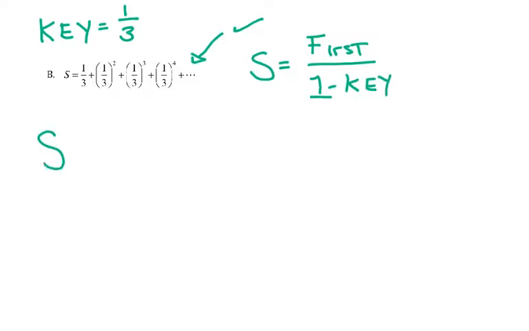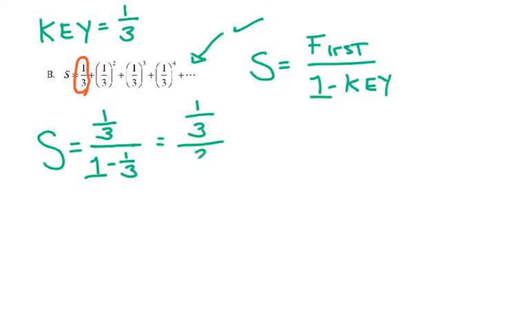What's the first term? That first number right there. 1/3 divided by 1 minus 1/3, which will be 1/3 over 2/3. How did I do that? Again, 1 minus 1/3 is the same thing as 3/3 minus 1/3, which is 2/3.